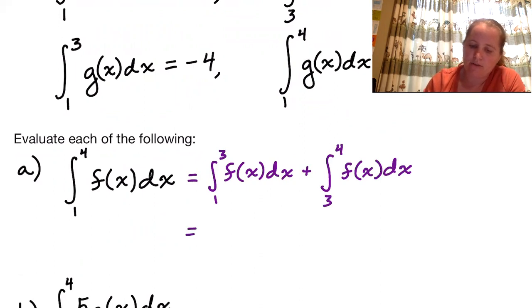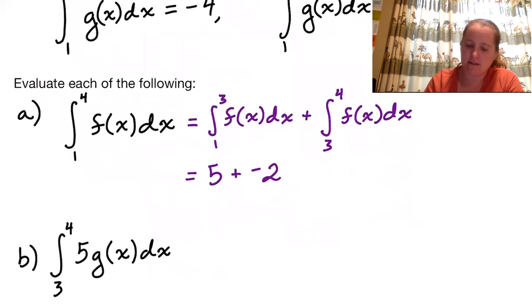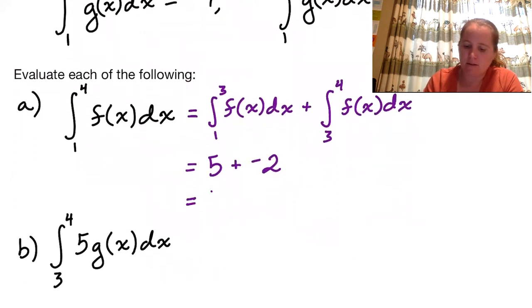That first definite integral was equal to 5, and the next one is negative 2. So we have 5 plus a negative 2, or 5 minus 2, and we get that this definite integral is equal to 3.